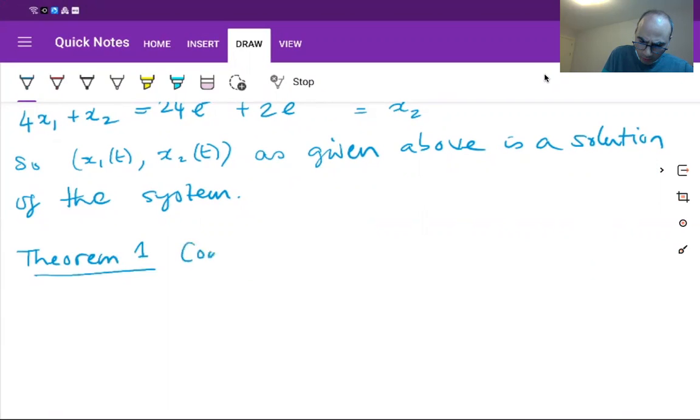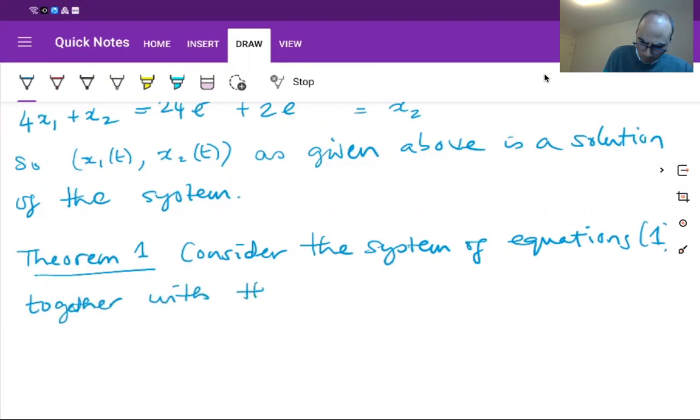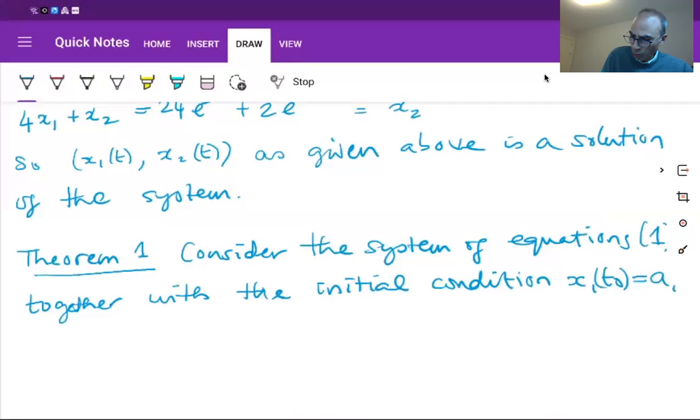So let's consider the system of equations one, together with the initial conditions x1(t0) is a1 up to xn(t0) is an.